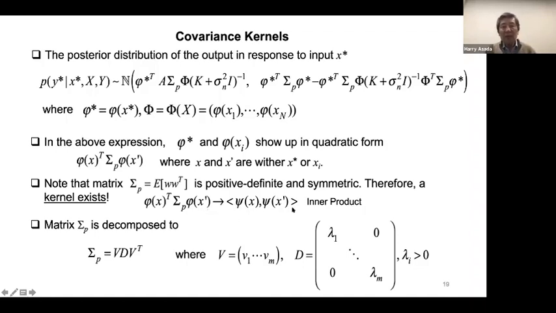Okay. Now, the proof is by construction, and we can do the following technique. First, let's decompose this sigma p, which is positive definite, into V D V transpose. The V is what? These are eigenvectors, and D holds the eigenvalues of this matrix sigma p. And this is positive definite, so all the eigenvalues lambda are positive, and associated with these eigenvalues, eigenvectors can be placed in this way, right?